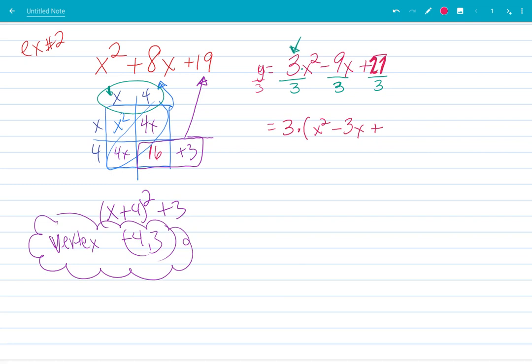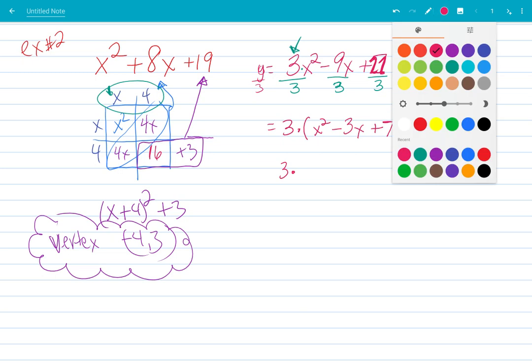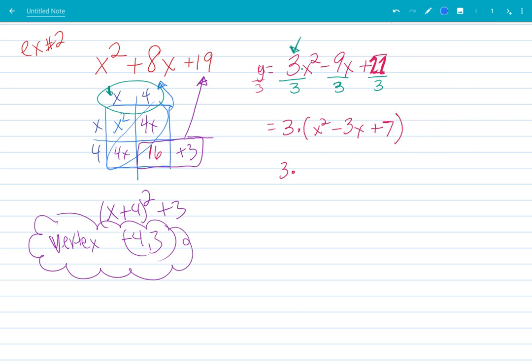Otherwise, we're going to have too many decimals, which is fine, but for an example, it's easier to do this. Does that make sense? Okay, now we can make twins. 3 times, now notice I still have the 3 out here, right? Let's make our twins.